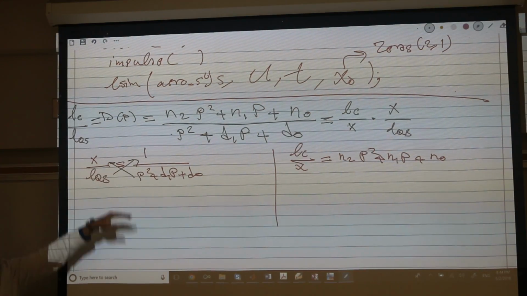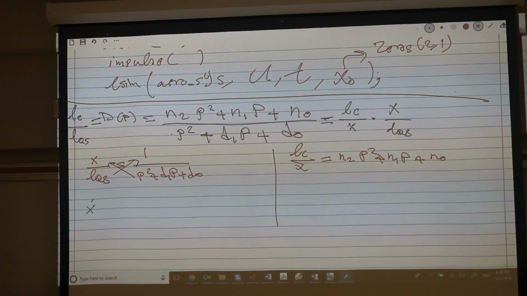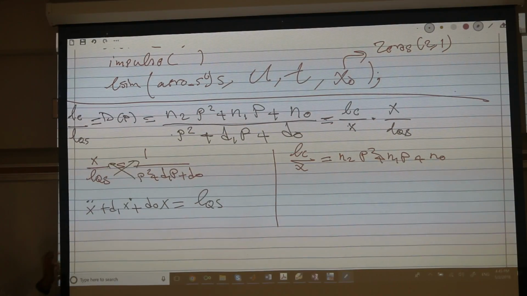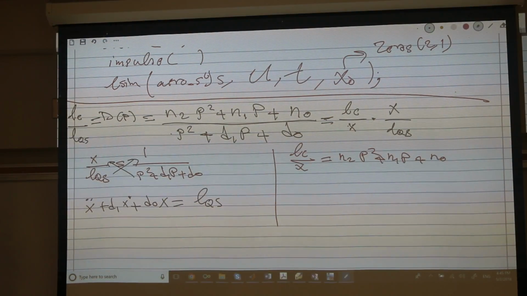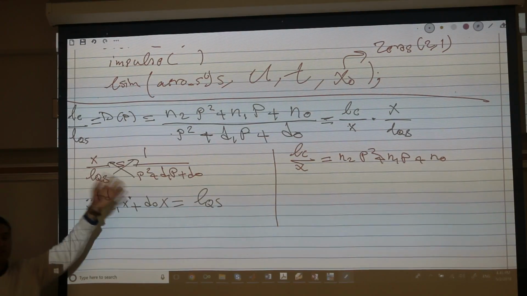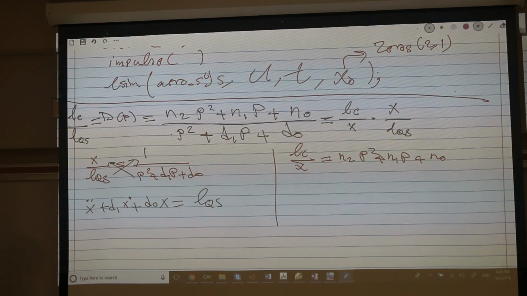So anything times S squared is double dot, because we're reversing back to the time domain. State space is in the time domain. Plus D1 x dot plus D naught x equals lift quasi-steady. Any question about that? Okay. I'm doing Laplace inverse, which is very easy. Any Laplace variable gives you one dot.